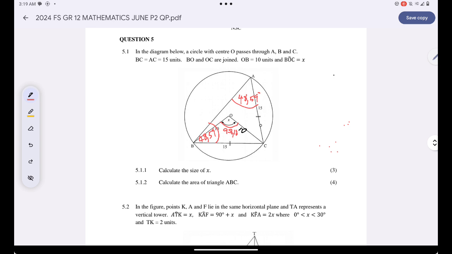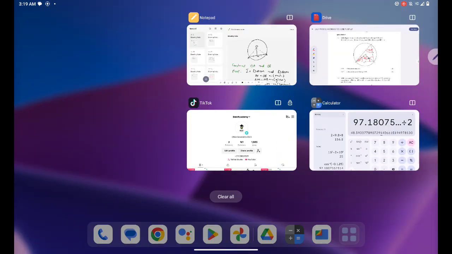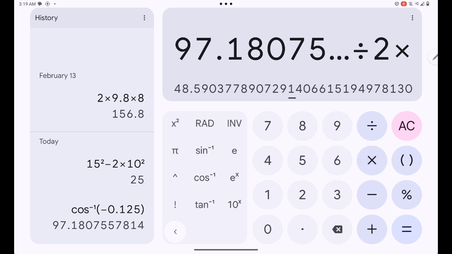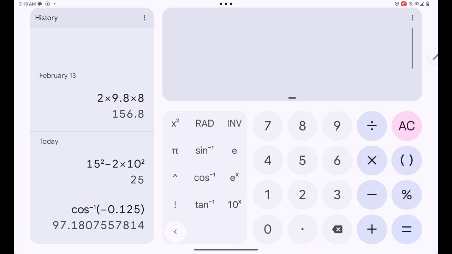So I can find the angle in between and then use the area rule to calculate the area of my triangle there. Okay, let me erase. So what's the angle?